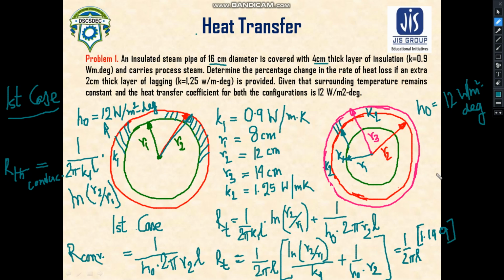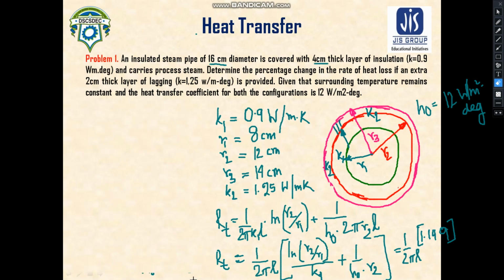So please recheck the values, because sometimes there may be some problem regarding the calculation part. So please recheck it once. I am just removing this part, and what I have obtained I will write.